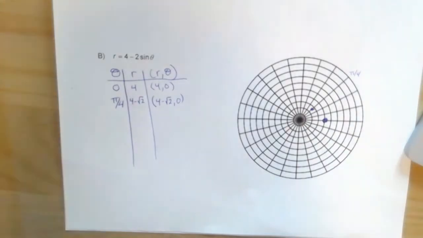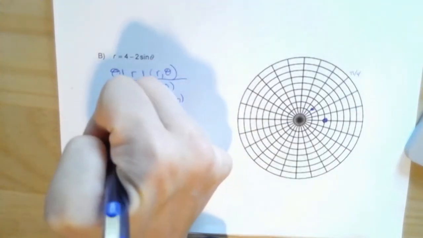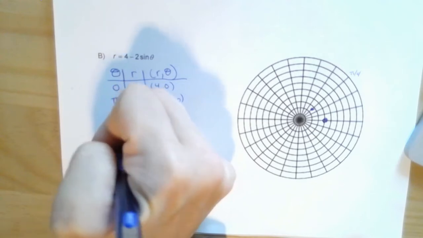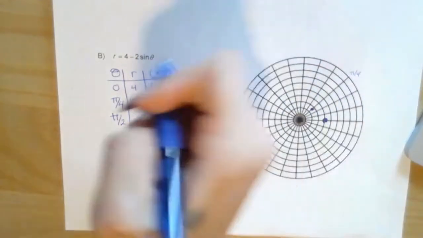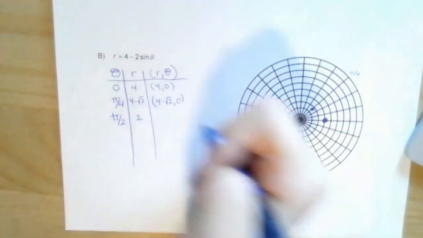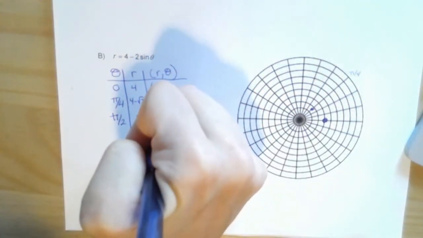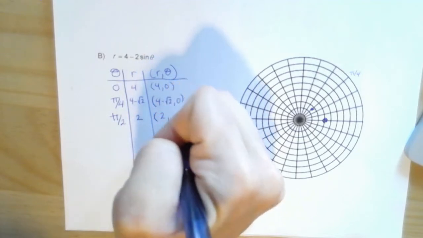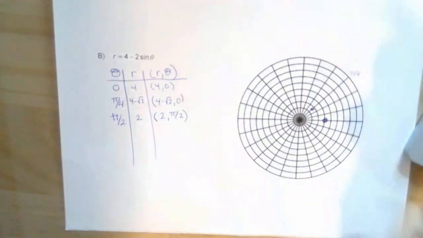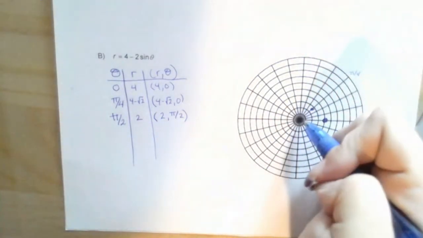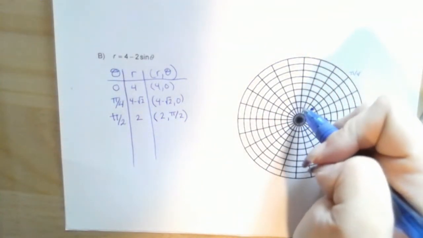Alright, our next coordinate is pi over 2. So sine of pi over 2 is 1. 1 times negative 2 is negative 2. 4 minus 2 is 2. So we get 2 comma pi over 2. Alright, so 1, 2.